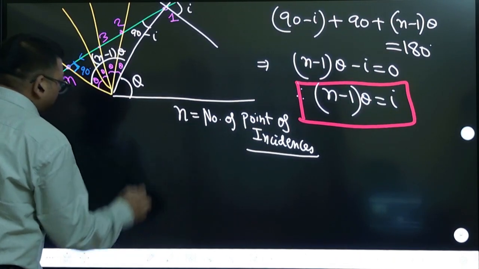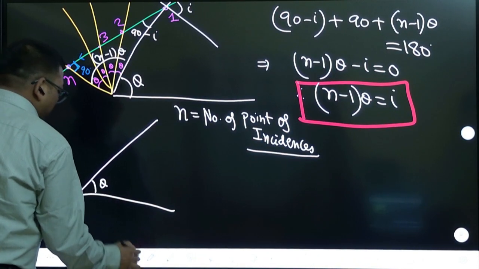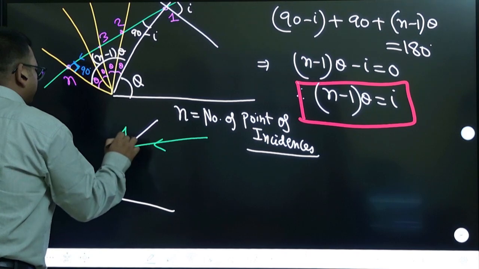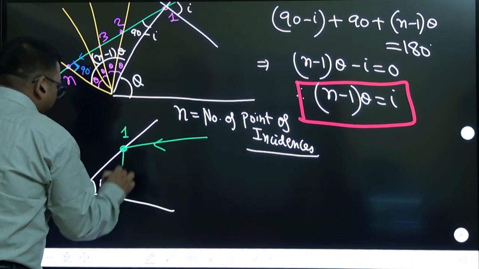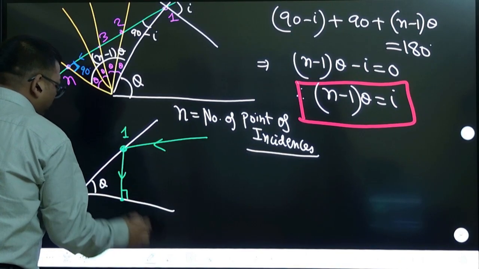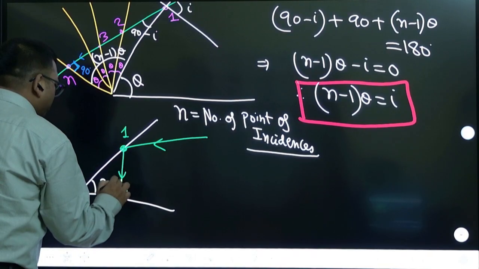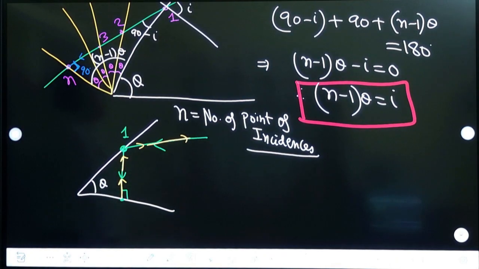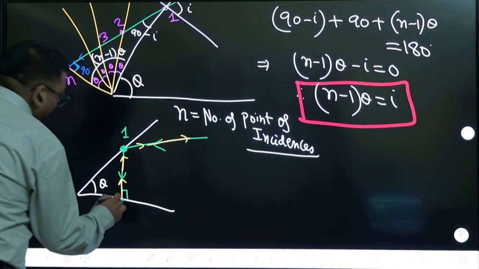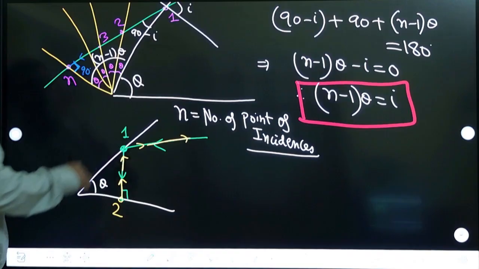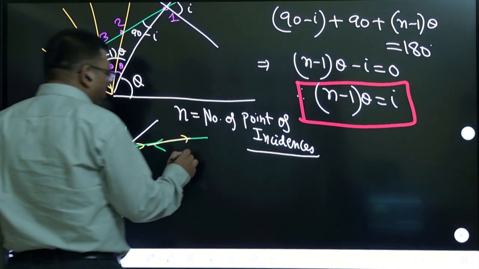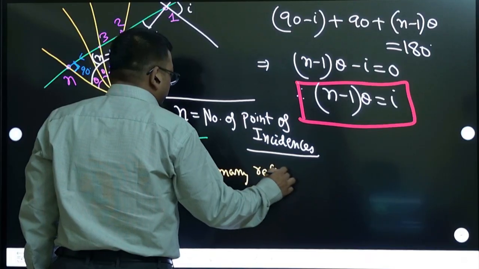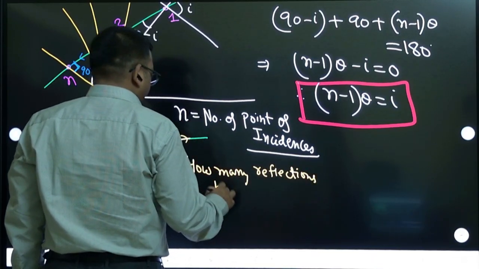I will give a related example. Suppose this angle is theta and a ray of light is coming this way. It hits at this place, then comes here and falls at 90 degrees. If it falls at 90 degrees, it will retrace its path and go back. This is called retracing the path. It is falling at the second point of incidence at 90 degrees. Now suppose they ask how many reflections happen.